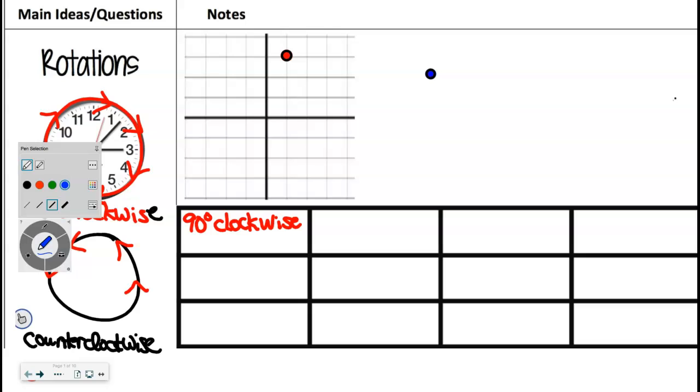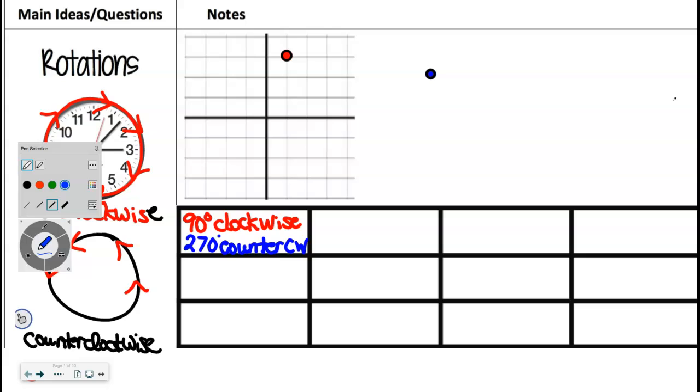The clock is the shorter way to go from 12 to 3. I would just turn 90 degrees with the clock, but I could have gone 270 degrees against the clock, or counter CW. I'm just going to write counter CW because I don't have room to fit it. Those are going to have the exact same rule. I'll show it to you and then we'll write it down.